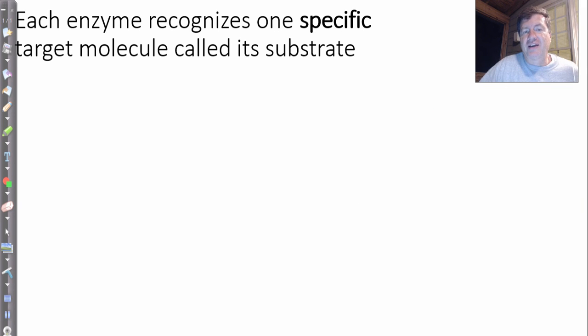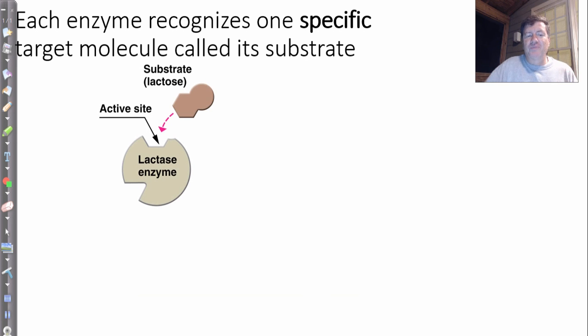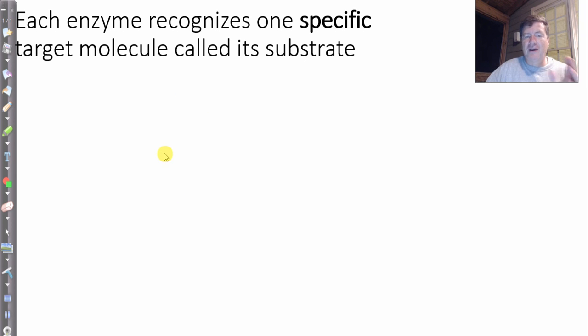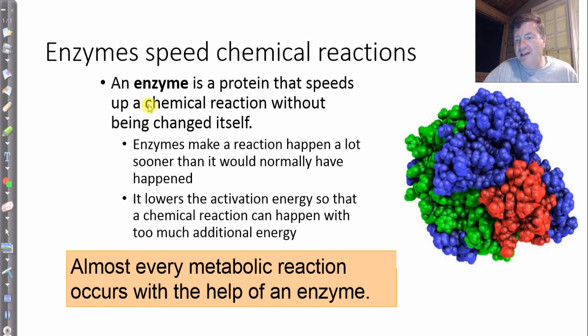Each enzyme, each of these proteins recognizes one specific target molecule, and that's called its substrate. So here you see the enzyme, this is the enzyme lactase. Here is its substrate, lactose. Notice it has a site here called an active site that, because of the shape, and let me go back for a second, pretend that it happens to be right over here.